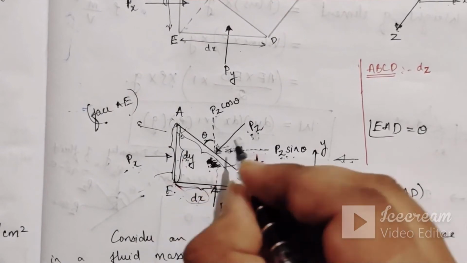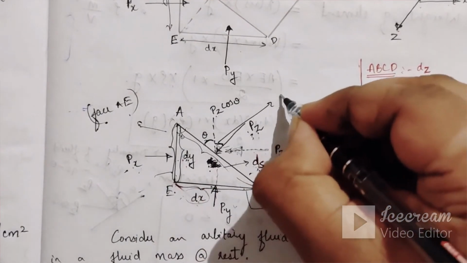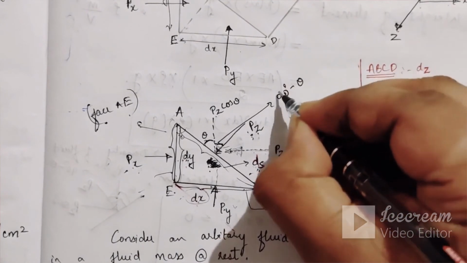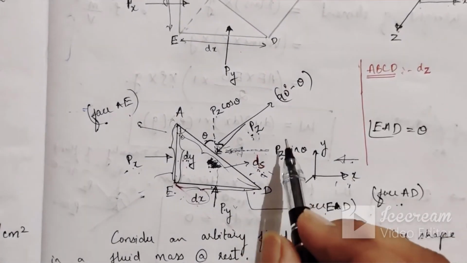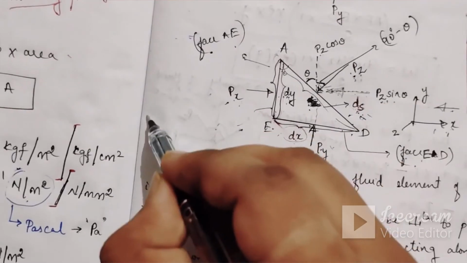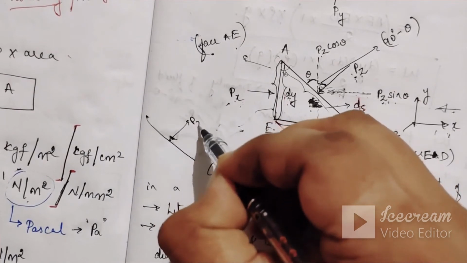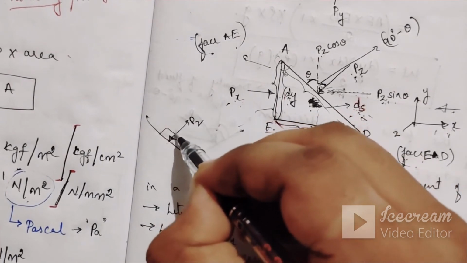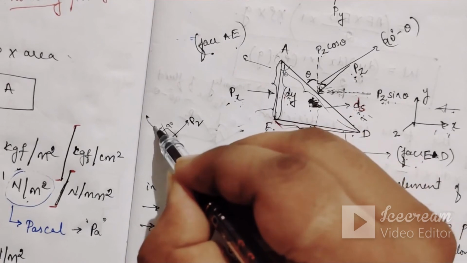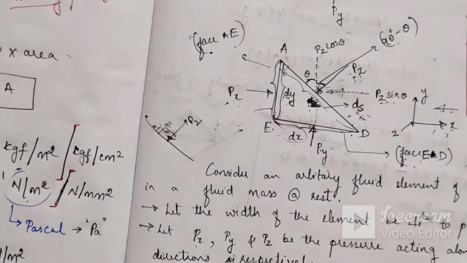So this is theta, right? I want this theta, so this will be 90 degree minus theta. How 90 degree minus theta? This pz is acting normally on the inclined surface, so this is 90, and here we have theta, so it is 90 degree minus theta.